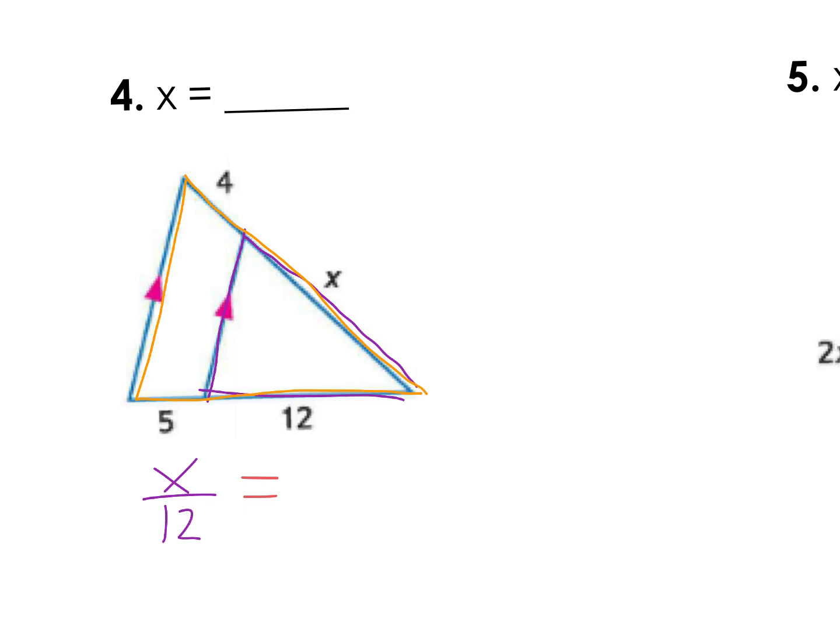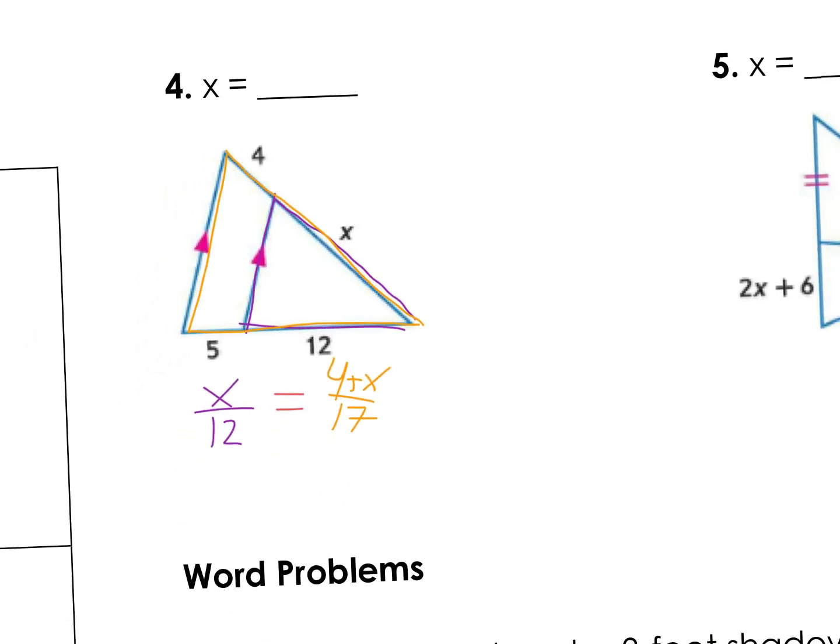Note that the orange triangle partially includes the purple triangle. So x over 12 must be equal to (4 plus x) over 17, because 5 plus 12 is 17.